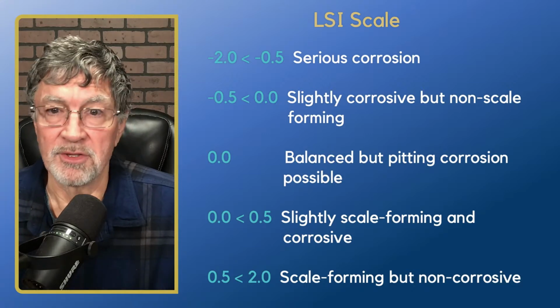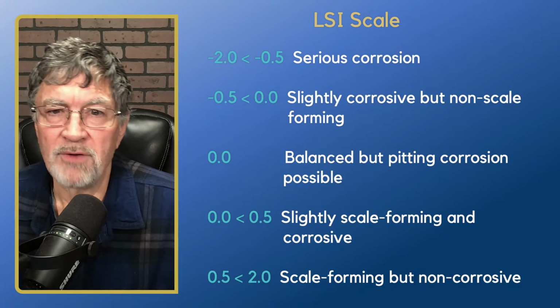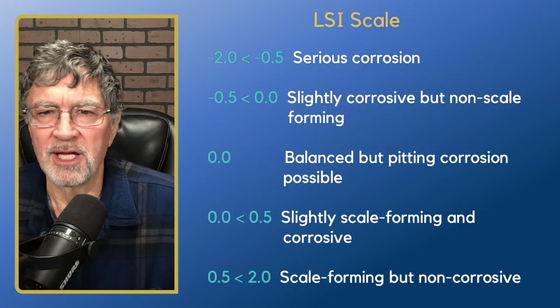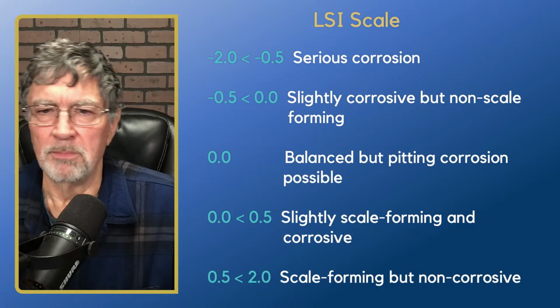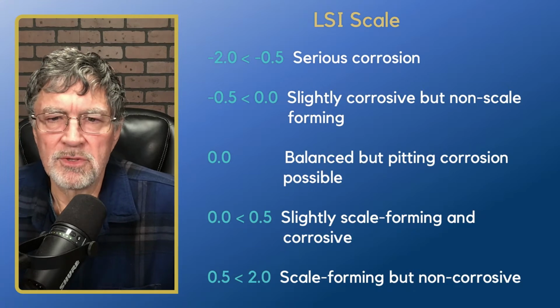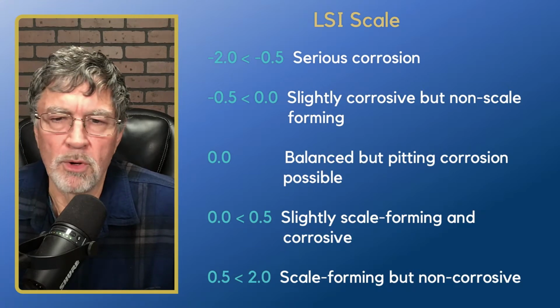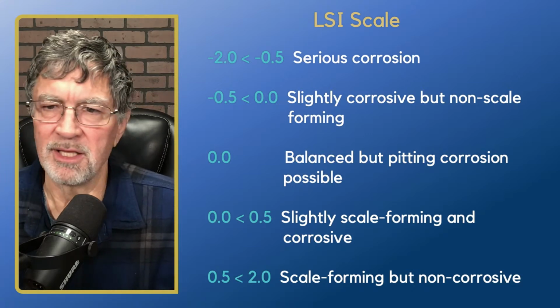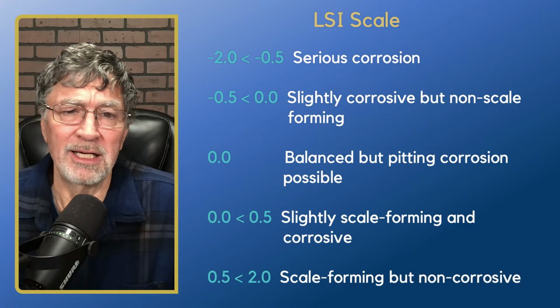For scaling, yes. So -0.5 to 0, slightly corrosive but non-scale forming. At 0, you're balanced, but pitting corrosion is possible. 0 to 0.5, slightly scale forming, and you might get that pitting corrosion going on.